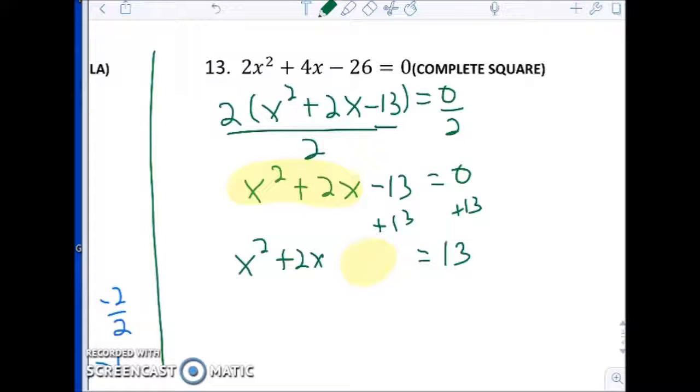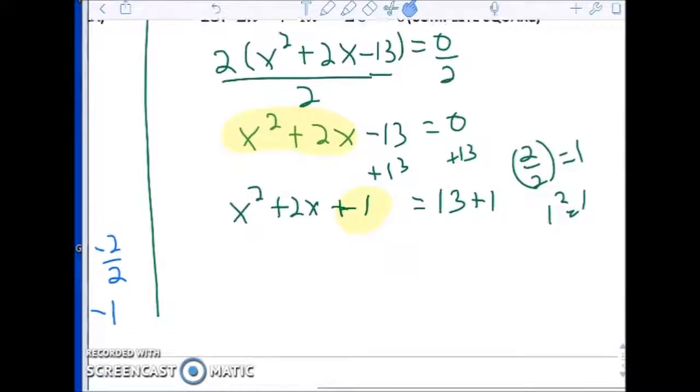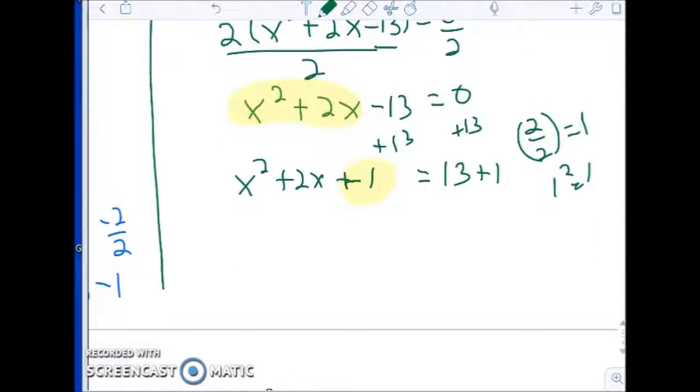So that number is, you take the b term and divide by 2 first, and then you square that. So I need to add 1 here, and what I do to one side I have to do to the other. The reason we've done that is now the left side can factor to x plus 1 quantity squared. The right side is 14.